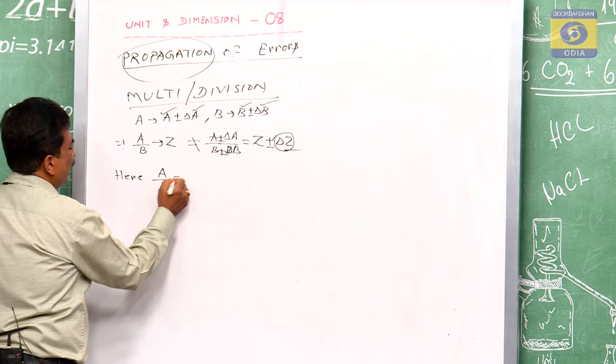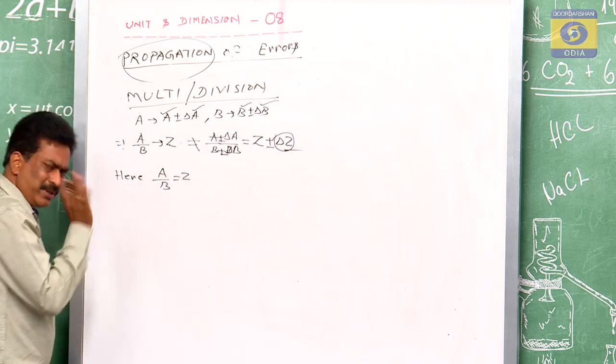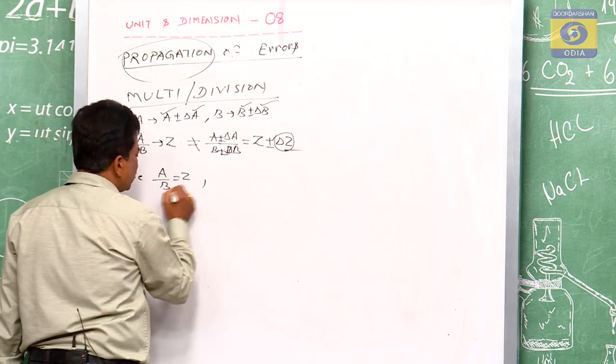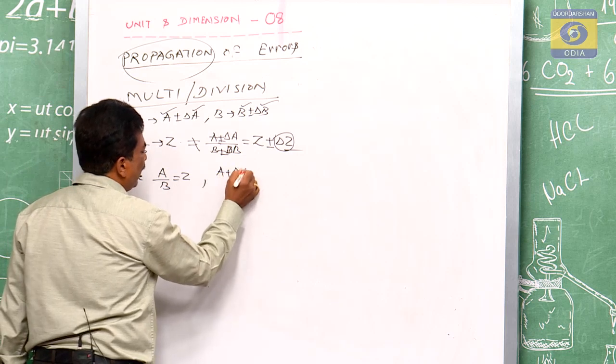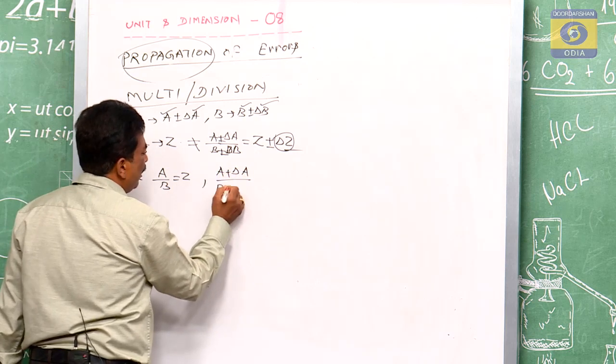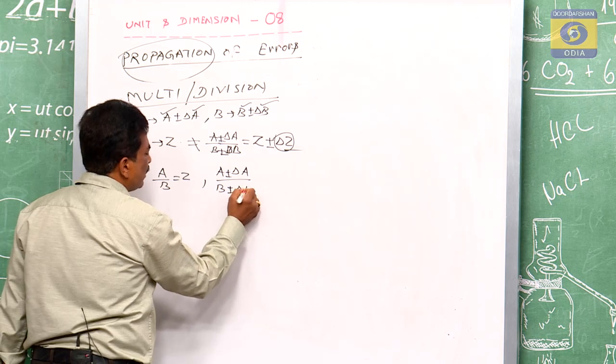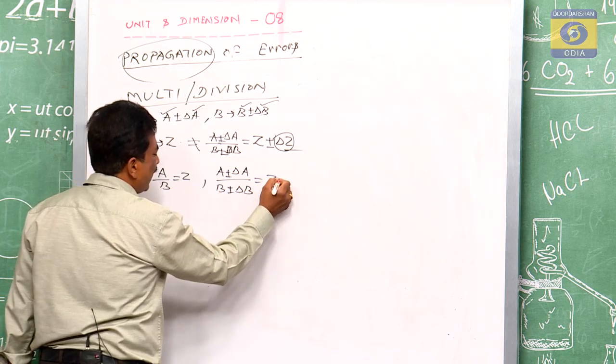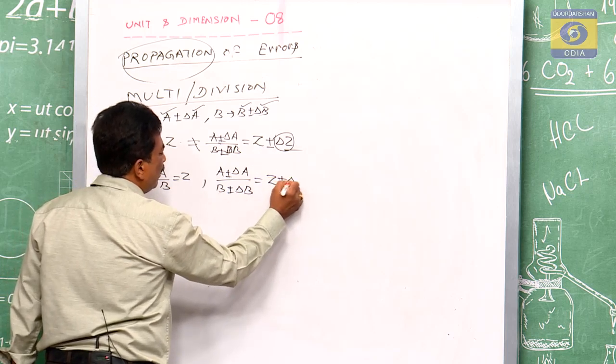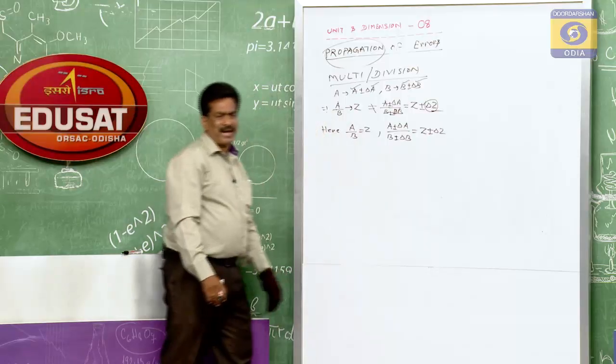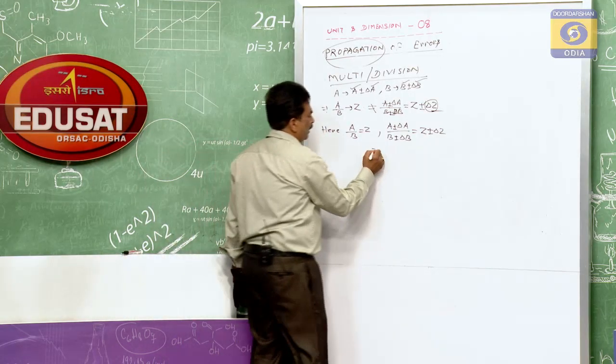So here A by B is equal to Z, which is the real value, which has the error. A is this one, B is this one. So Z with some factor. Let us now proceed.